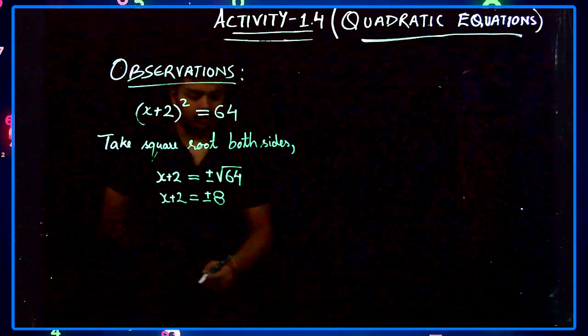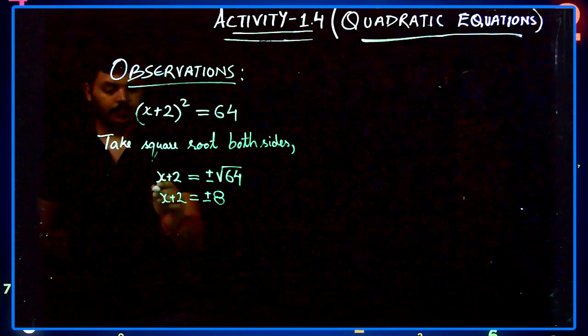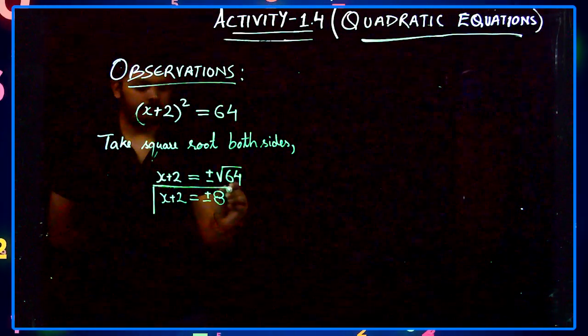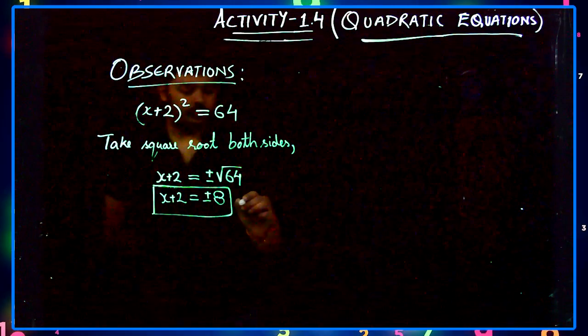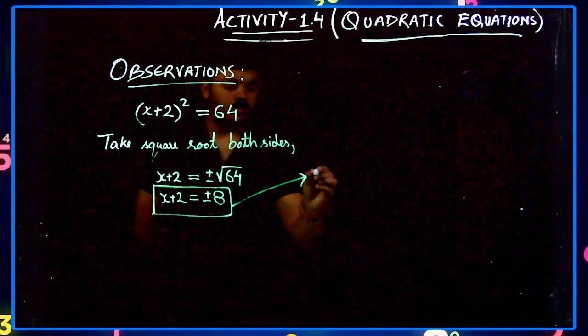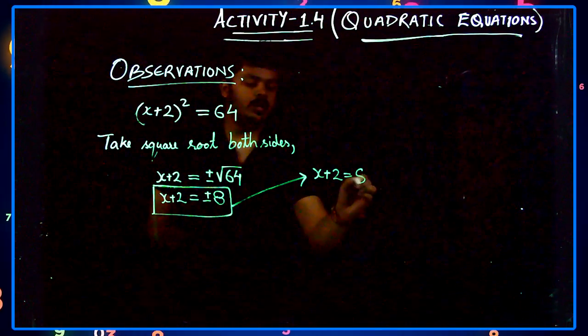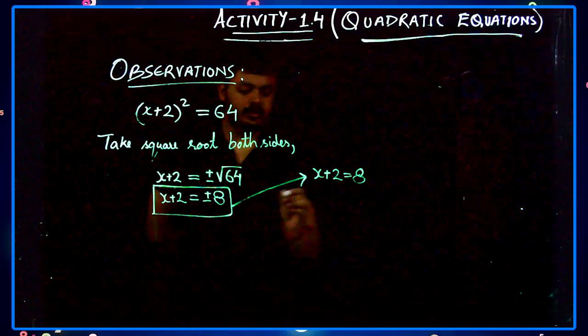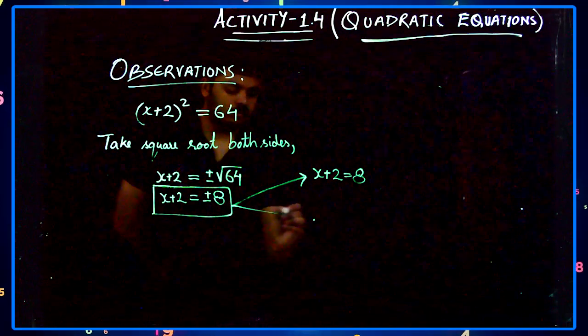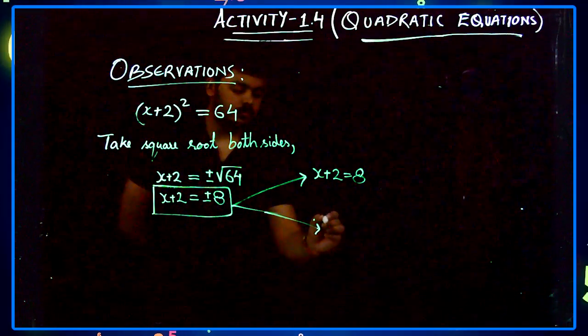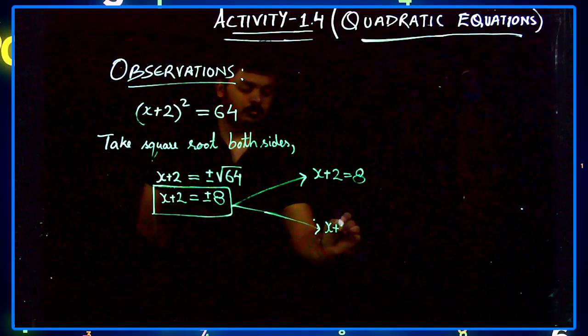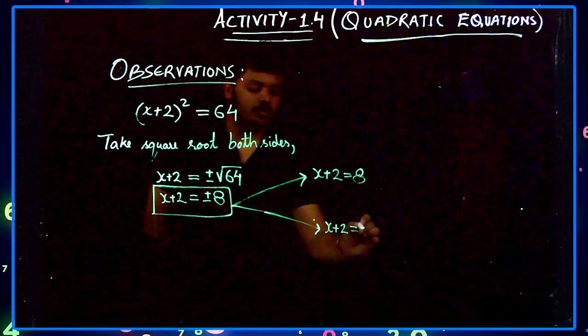So we get two values: x plus 2 equals to 8, that is plus 8, and x plus 2 equals to minus 8.